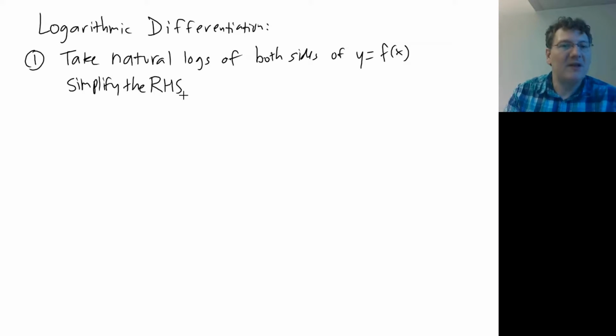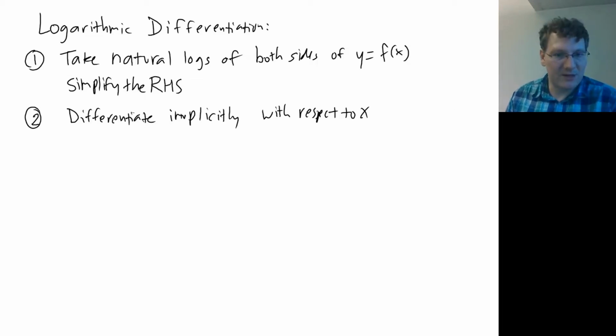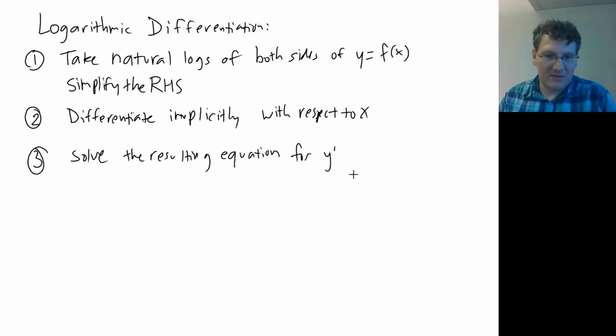Here's what I did. First, you take the natural log of both sides of y equals f of x. Then you simplify the right-hand side using properties of logarithms. Next, we differentiate implicitly with respect to x, and at the end we solve the resulting equation for y prime.